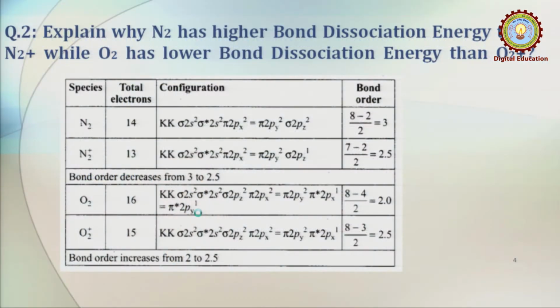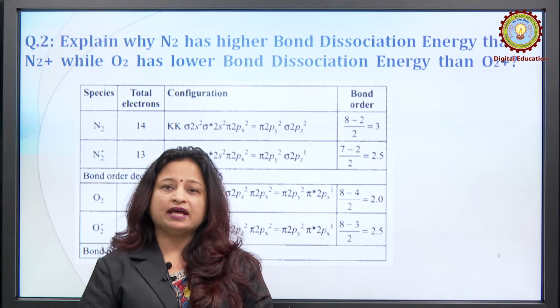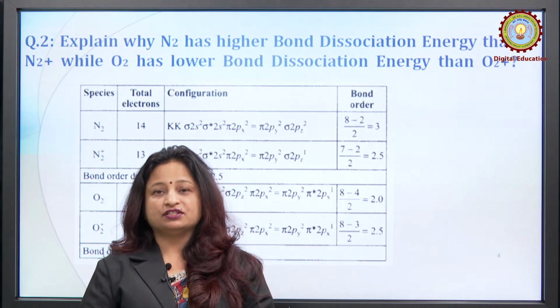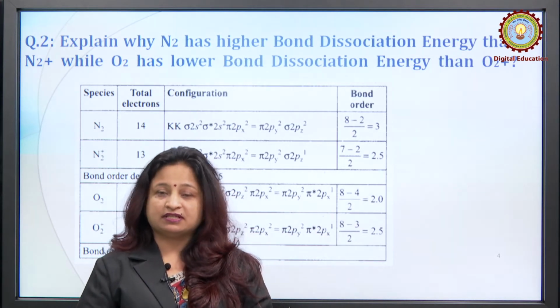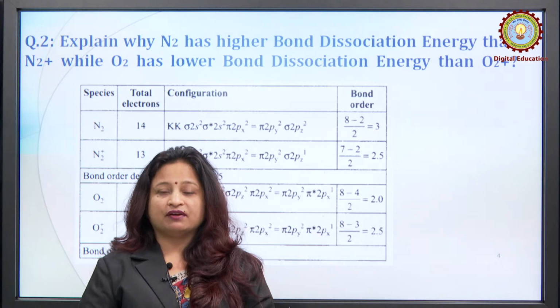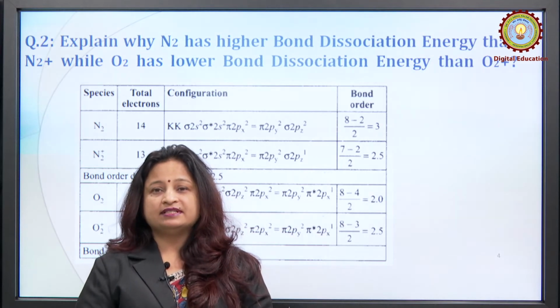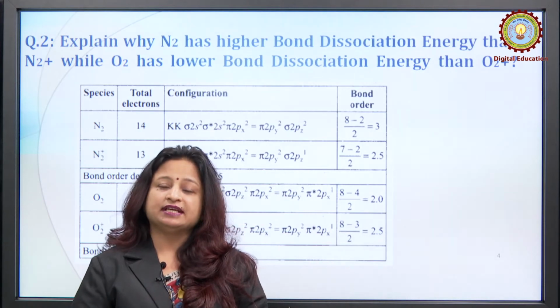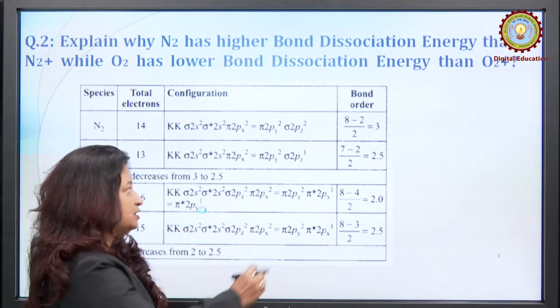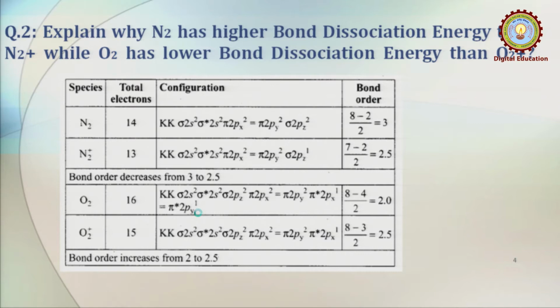Second, explain why N2 has higher bond dissociation energy than N2 plus, while O2 has lower bond dissociation energy than O2 plus. This question was also discussed in the previous session, but here we are going to take a revision of that. So, this table already suggests that in case of nitrogen, the bond order is 3, but in case of N2 plus, it is 2.5.